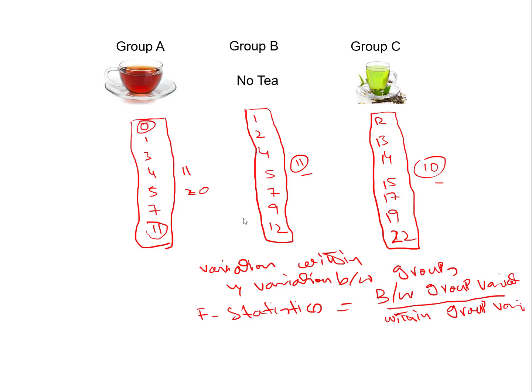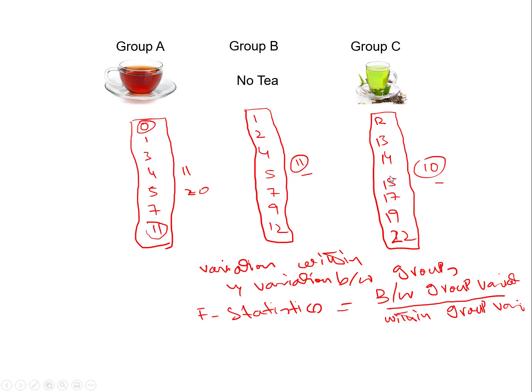However, if the variation comes from between group, just like the C group is much different from these, the tea impact on the weight loss is much higher in the C group. If the variation comes from between group, this would indicate that tea probably has an effect on the weight loss.